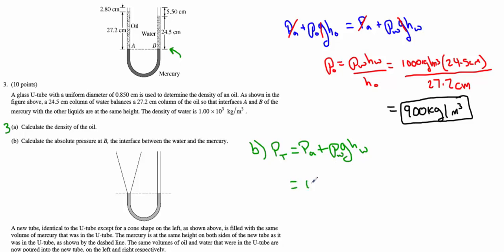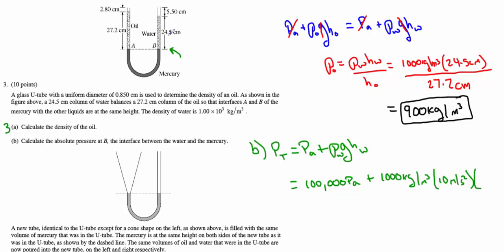I'm going to use 100,000 pascals for atmospheric pressure, plus the quantity of rho g h of the water. I'm going to use 10 for the acceleration due to gravity. And the height of the water, in this case, we do need to convert to meters.